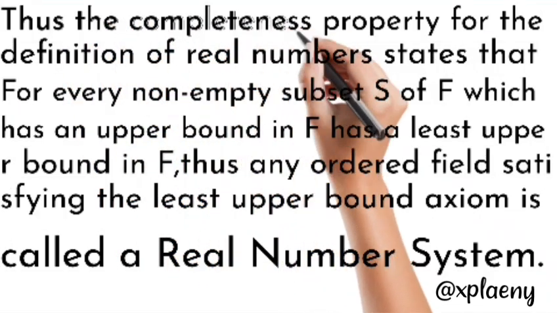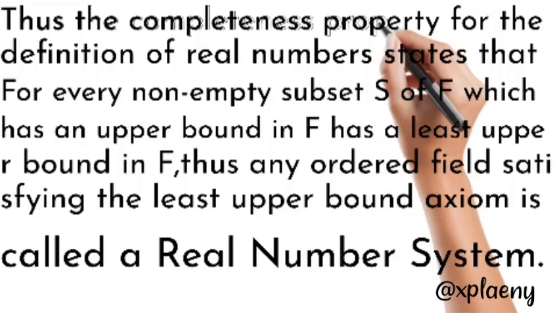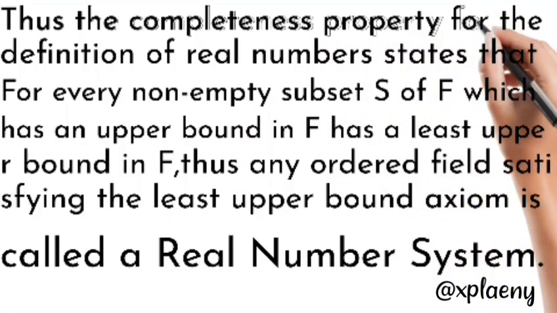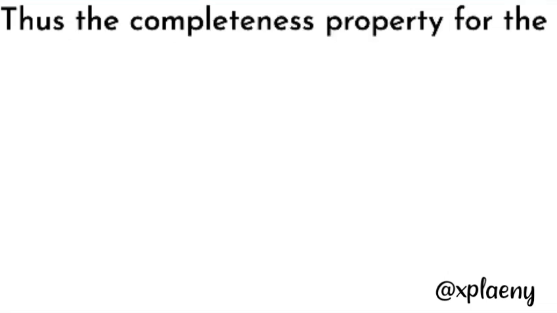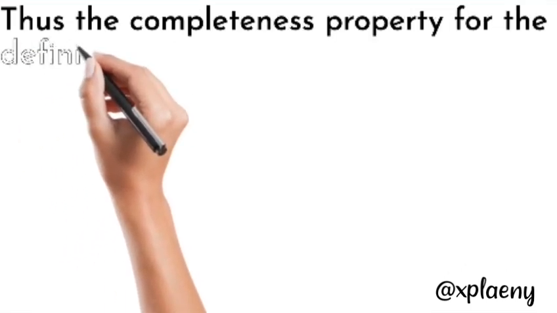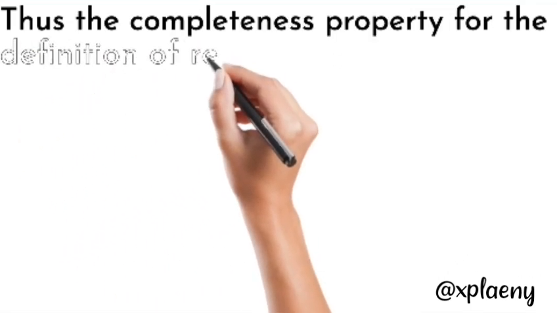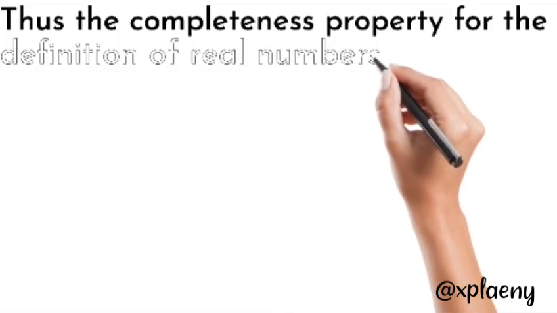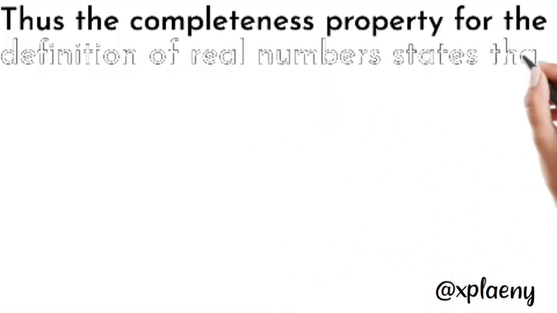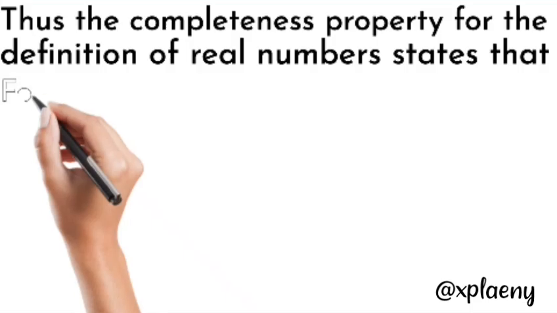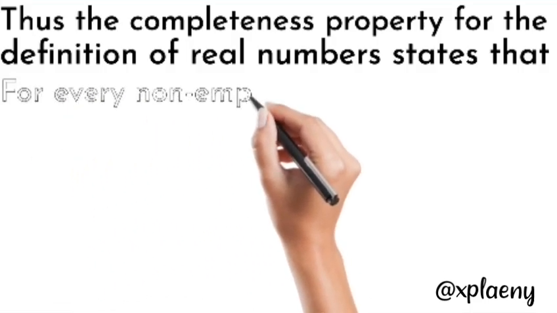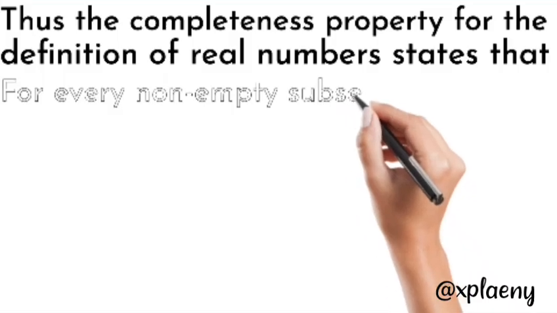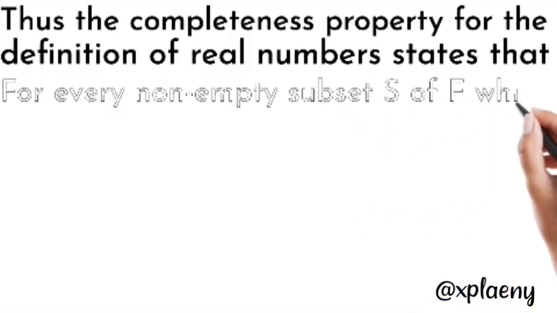Defining real numbers now has to do with the completeness property we have been on for quite a few minutes. The summary of this completeness property is an axiom. This axiom is that every non-empty set, that is, the set must contain a member, even if it is the special vector 0.